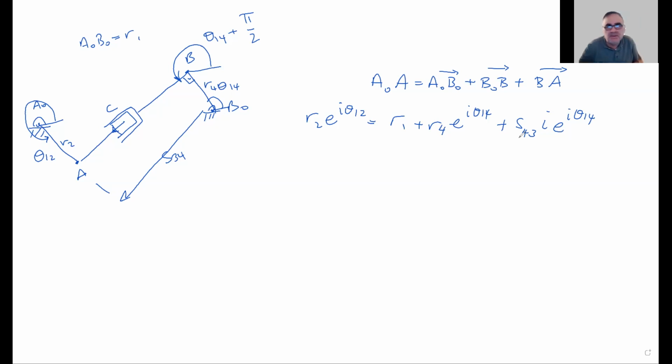So this is where we had stopped the last time. It took a long time to reach there. So we can separate the real and imaginary parts here. R2 cosine theta 1,2 equals R1 plus R4 cosine theta 1,4 plus, not plus but minus, S43.